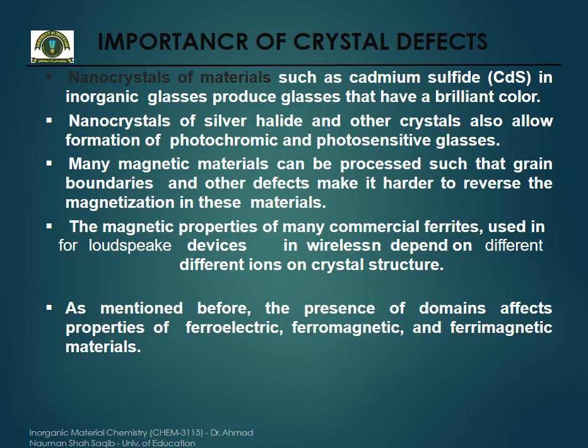This is also a plus point of crystal defects: as the magnetic properties of ferrites change, they can be used for loudspeaker devices. In crystal structures, as mentioned before, the presence of domains affects the properties of ferroelectric, ferromagnetic and also ferrimagnetic materials.